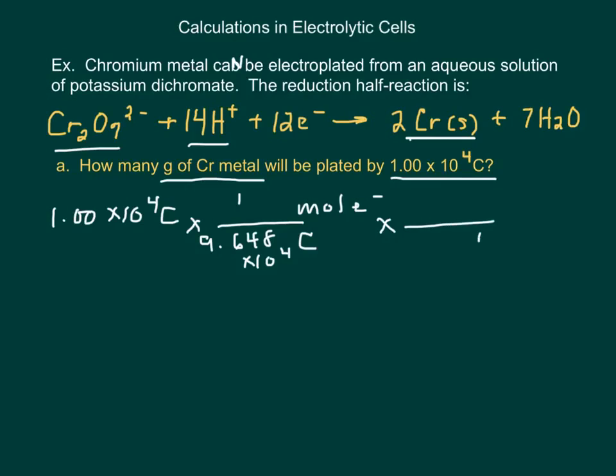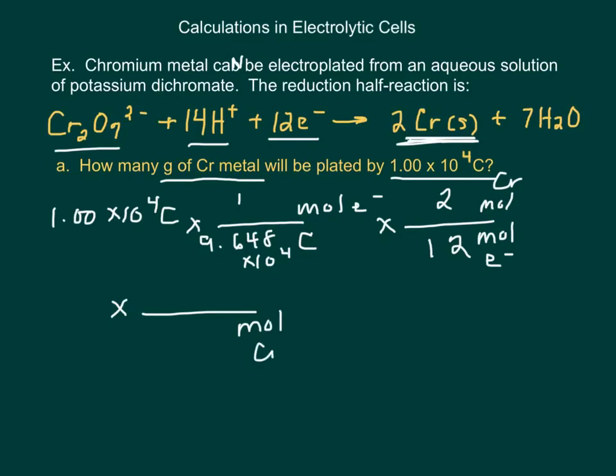Well, what can we change moles of electrons to? We can change moles of electrons to moles of chromium. And for every 2 moles of chromium, I use 12 electrons. It looks like an easy step from moles of chromium to grams of chromium, which weighs 52.